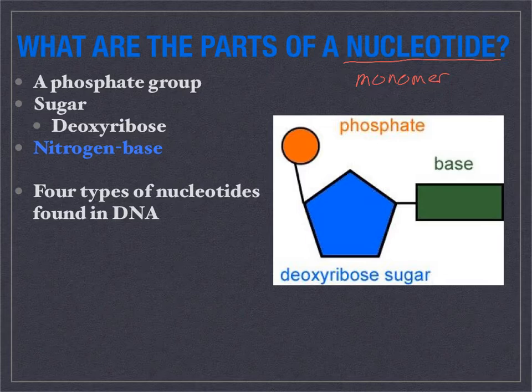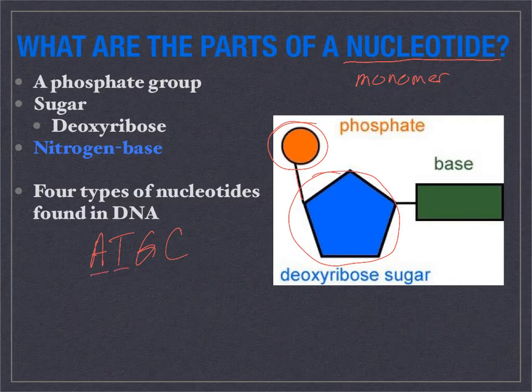It's composed of a phosphate group, covalently bonded to a sugar, which is deoxyribose, and then one of four nitrogen-containing bases: adenine, thymine, guanine, and cytosine, the bases found in DNA, given by ATGC. So a nucleotide has these three parts: phosphate, sugar, and one of four different types of bases.